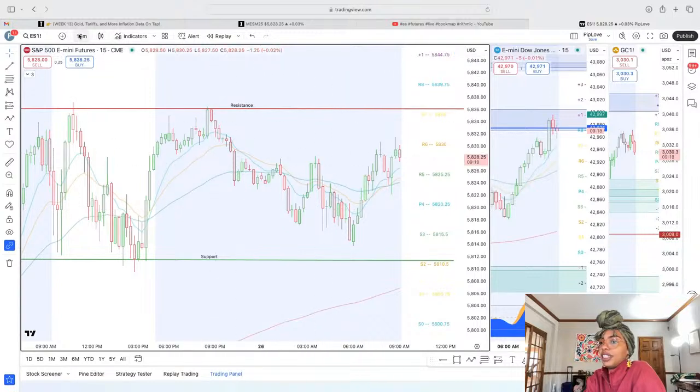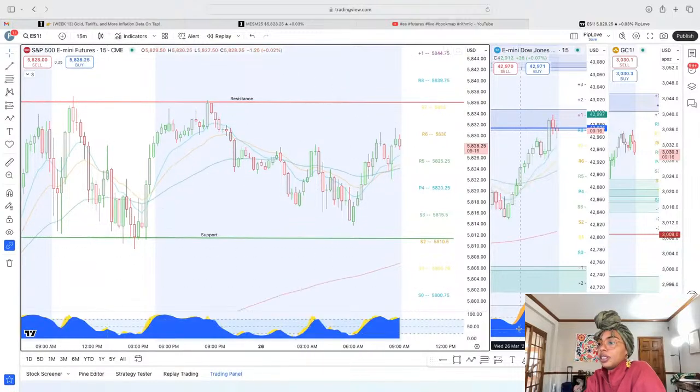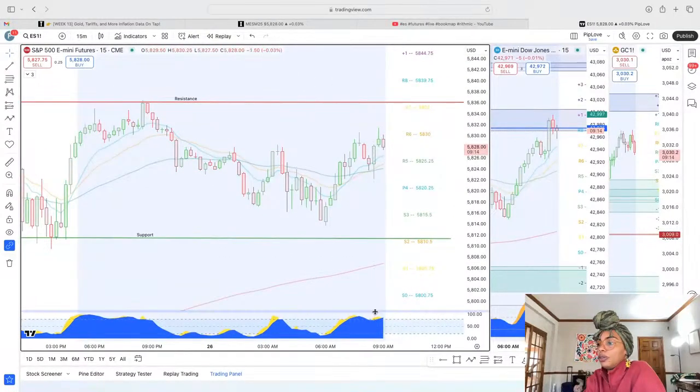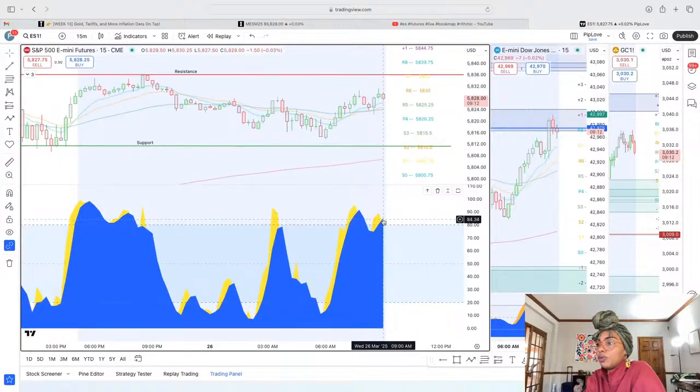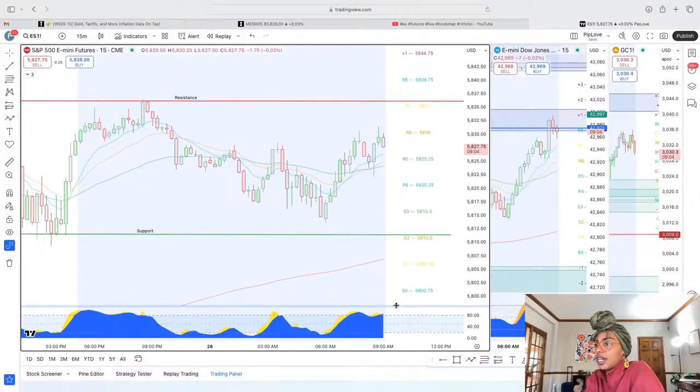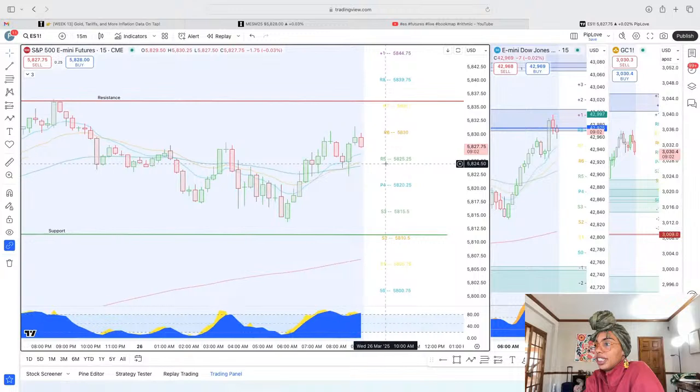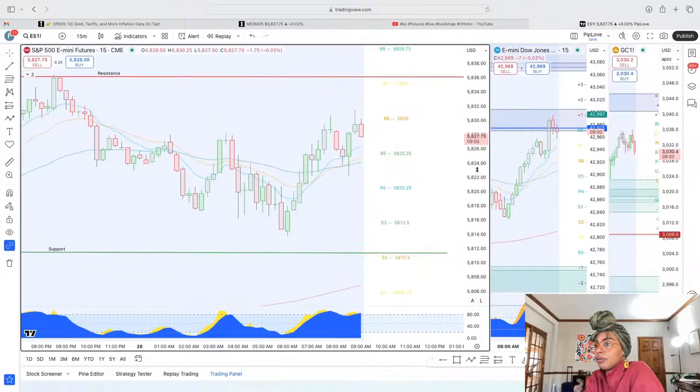Alrighty, so we're on the 15-minute time frame. We are oversold. We're in our oversold region. We are not yet crossing down just yet. We want to wait to get that confirmation, but we are definitely in that area.